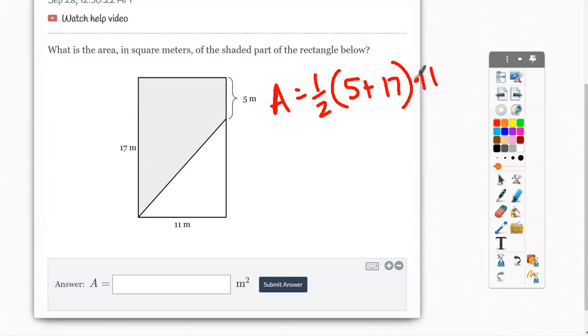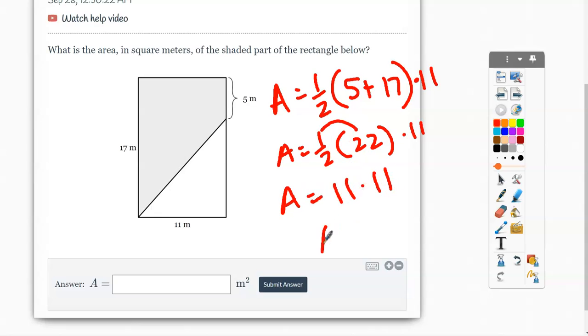So 5 plus 17 is 22. So the area is half of 22 times 11. Half of 22 is 11. And the area of 11 times 11 is 121.